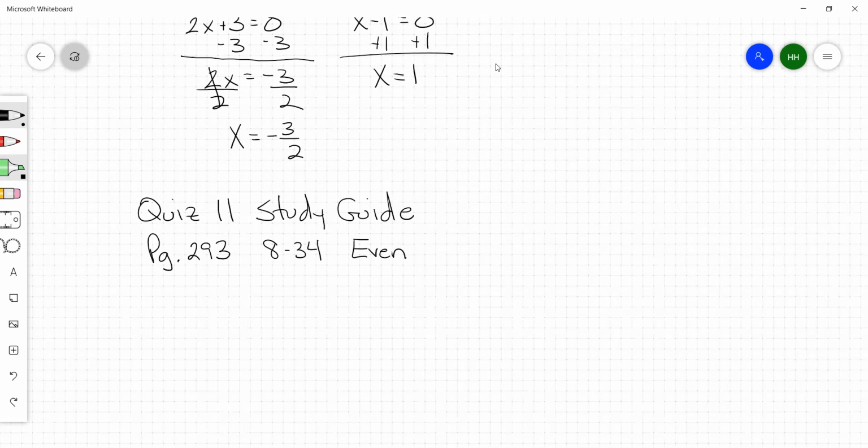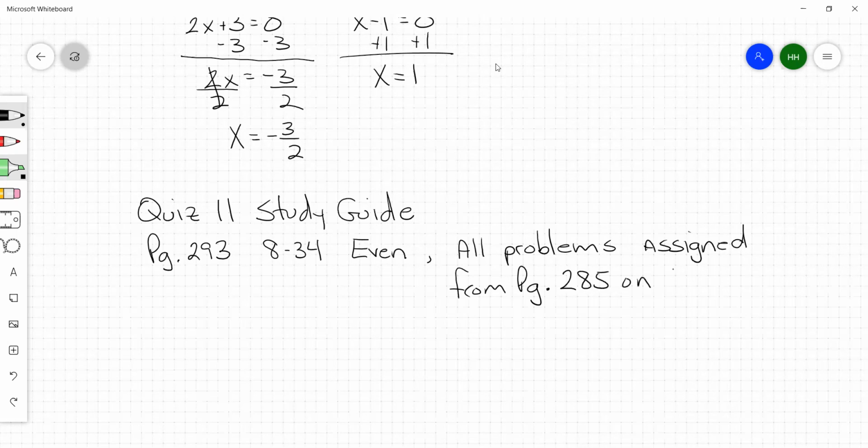So your study guide, page 293, 8 through 34 even, and then all problems assigned from page 285 on Tuesday. Good?